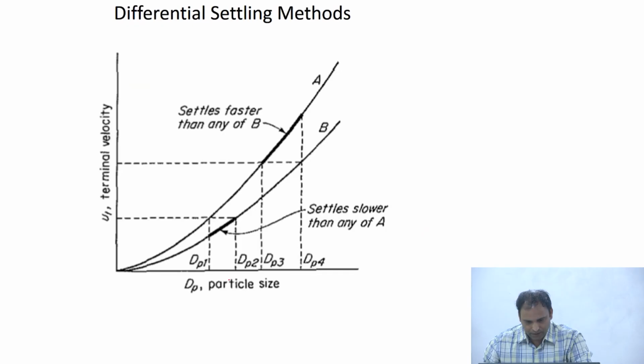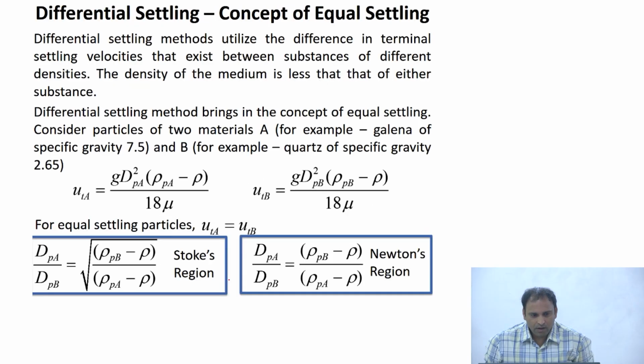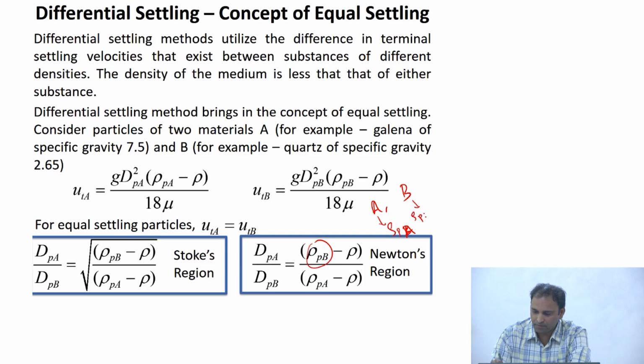In equal settling, again you have a mixture of two particles, A and B. The density of particle A is written here as rho of particle A, and this is rho of particle B.